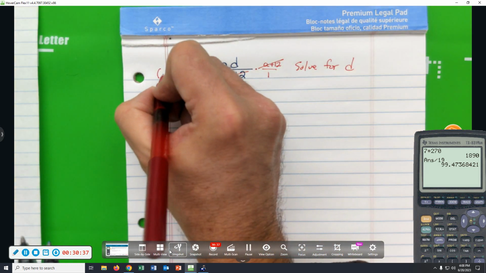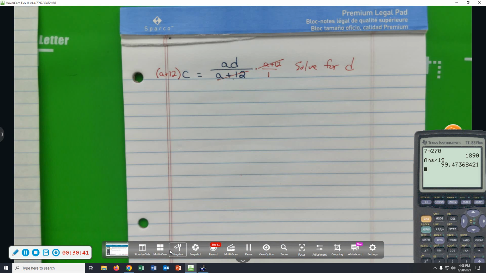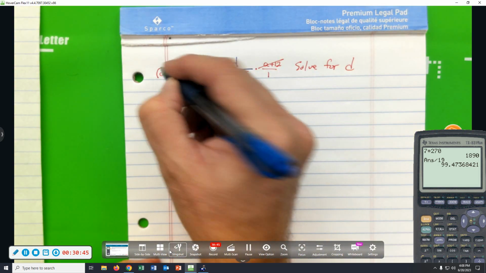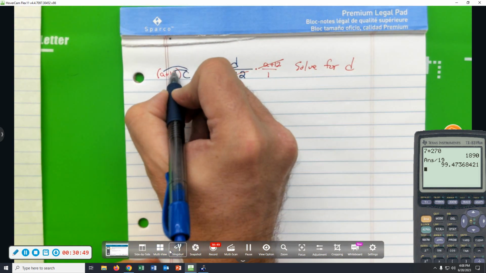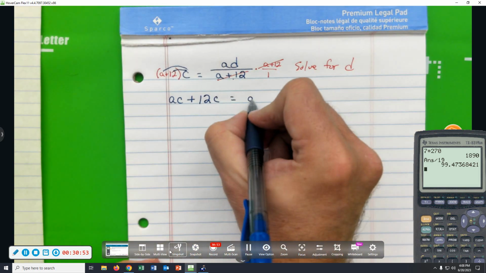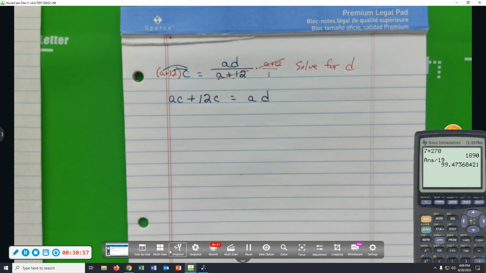Over here we have A plus 12 times C, that's going to be AC plus 12C equals A times D. Notice how I distributed the C.